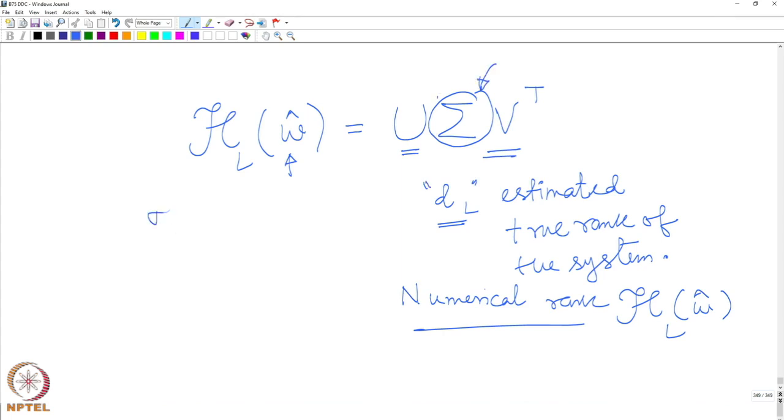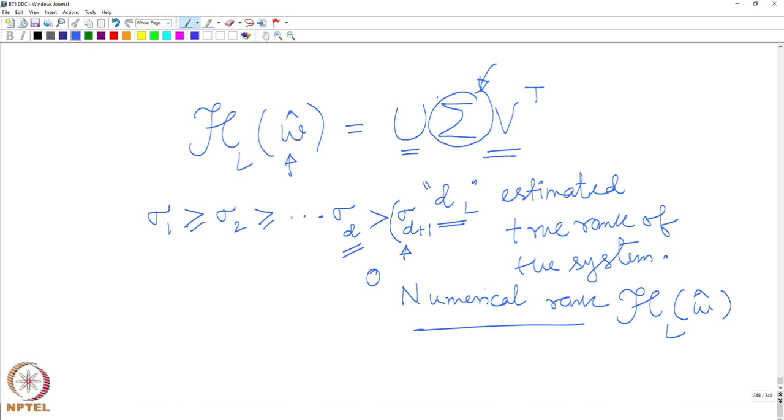When you are writing down the singular values like this, you will see a stark difference between sigma d and sigma d plus 1, because ideally the rank should have been d. So all these guys starting from here ideally should have been 0, but because of the noise they are not 0.